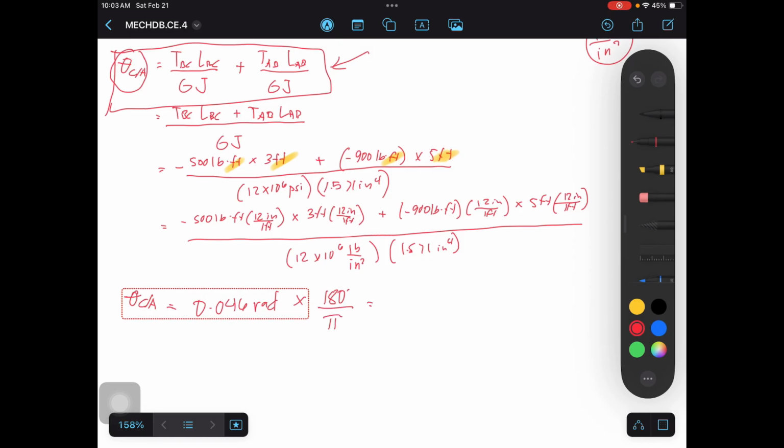So our answer is 2.636 degrees. So ito yung answer natin. So kapag nagko-compute tayo ng angle of twist, ang ending unit should be in degrees. So makukuha natin radian, you need to still convert it into degrees.